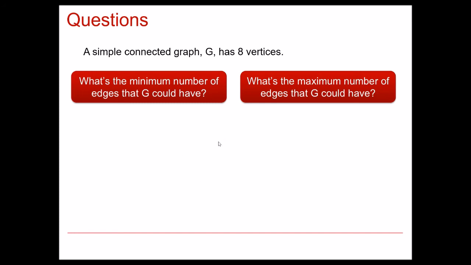So for the first one, well, we've just been talking about trees. Trees are sometimes referred to as minimum connectors. So a tree will always give you the minimum number of arcs for a connected graph. So if you've got 8 vertices here, then the tree will have to have 7 arcs.